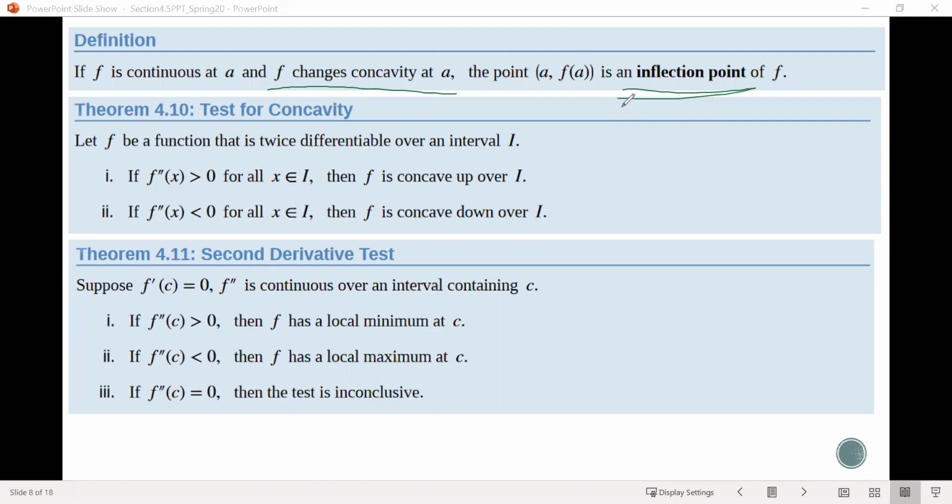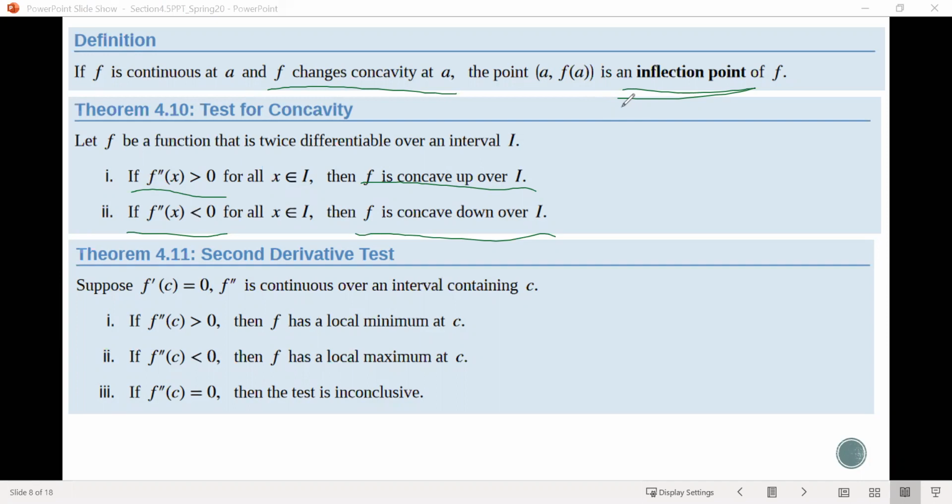And then, as we saw, if the value of the second derivative at a particular point or over an interval is greater than 0, that means the function is concave up over that interval or at that point. And similarly, if it's negative, then it's concave down. And this is helpful for us because we can then create a new test for helping us to find where local maxes and local mins are.